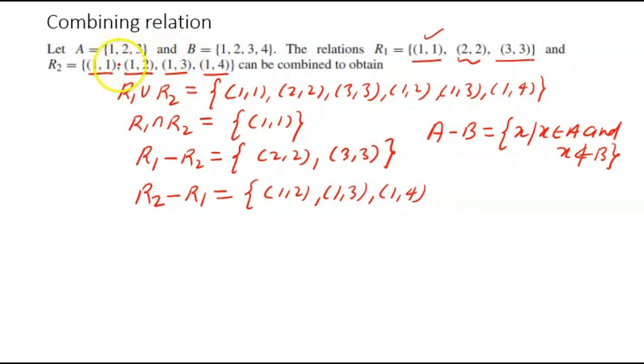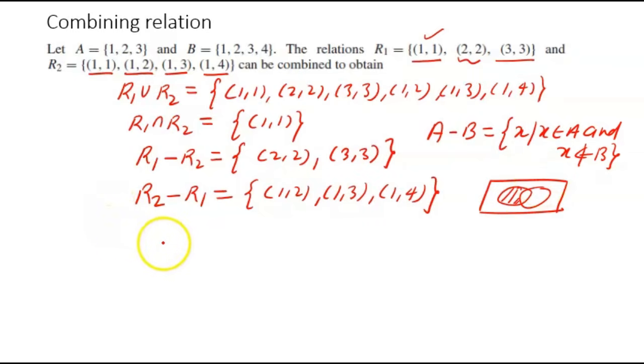And 1 comma 1 is also in R2, but since it is in R1 also, I should not write it. Yes or no? I hope you are getting that when I have to calculate A minus B, if this is the set A and this is the set B, then I take only those elements which are in this part, which are in A but not in B, meaning the common part is not written.